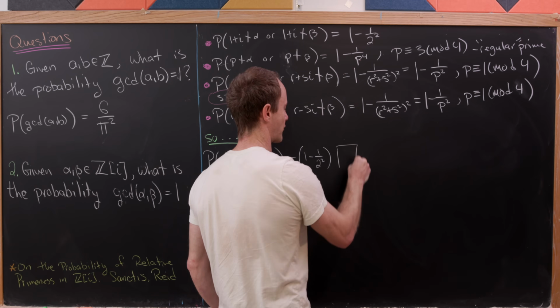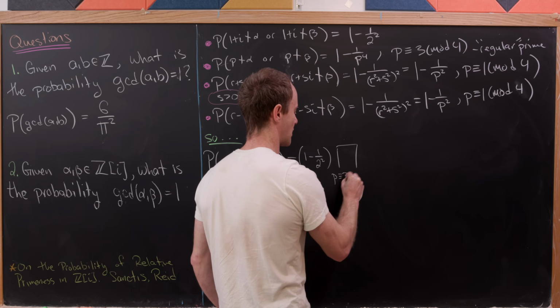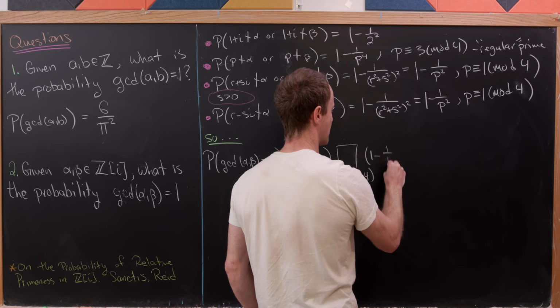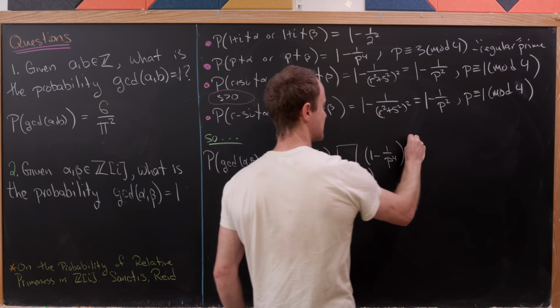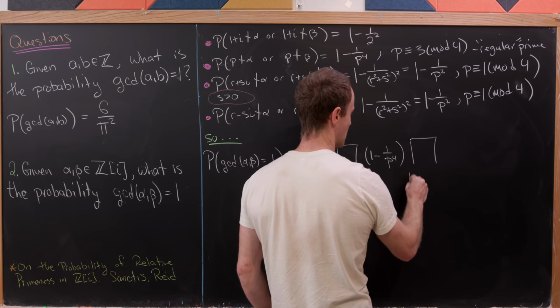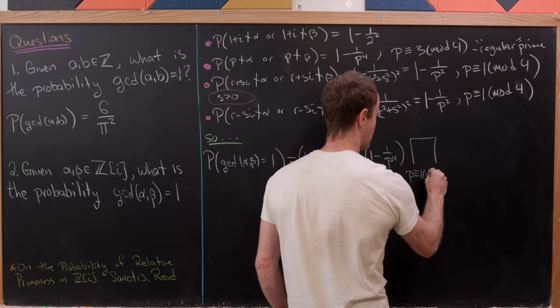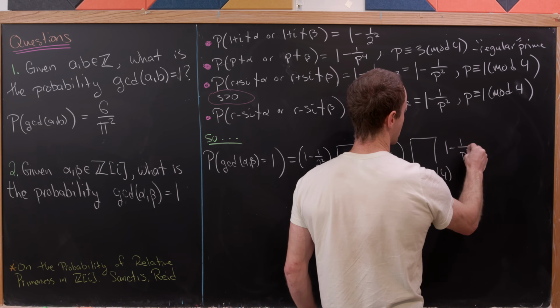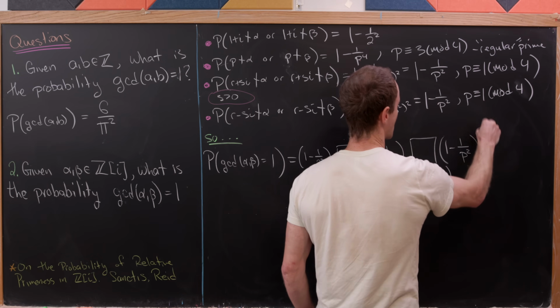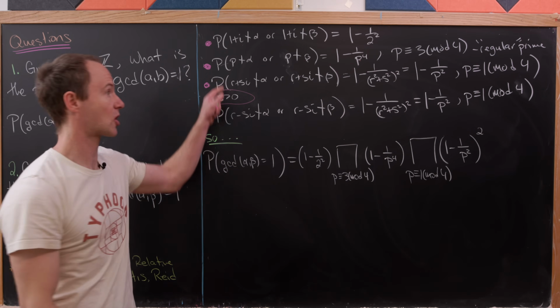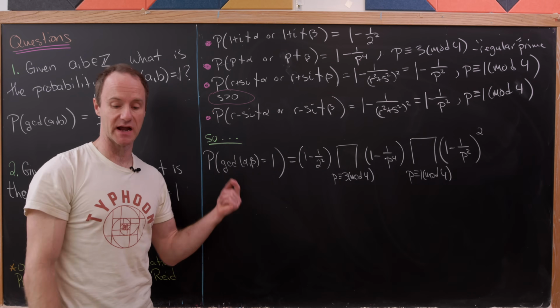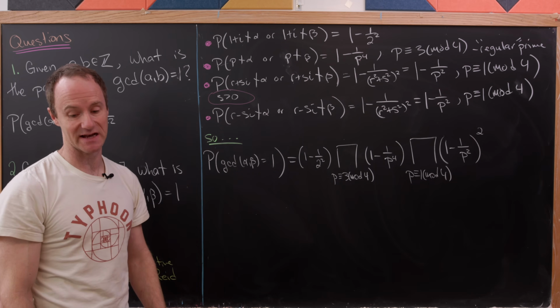And then we'll have the product over all primes which are 3 modulo 4 of 1 minus 1 over p to the 4th, times the product over primes that are 1 mod 4 of 1 minus 1 over p squared. And then we've got to square that whole thing, because that occurs twice, for the prime r plus si and for the prime r minus si.